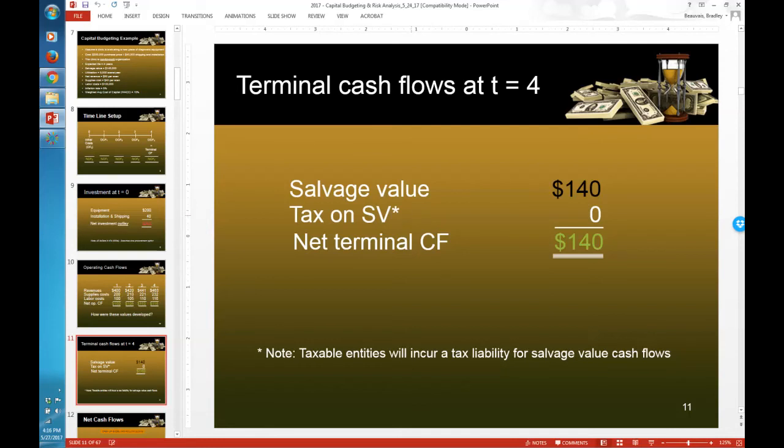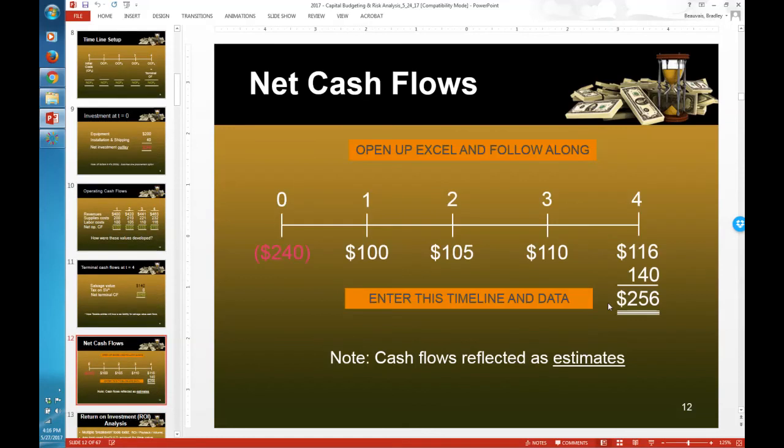Because this is a not-for-profit organization, there is no tax on the salvage value. But as we'll see at the back end of this presentation, we have an example where we will apply tax, and it becomes a fairly significant concern with regard to accurate valuation. But we'll set that aside for now. As you're doing this, I suggest that you open up Excel and follow along.